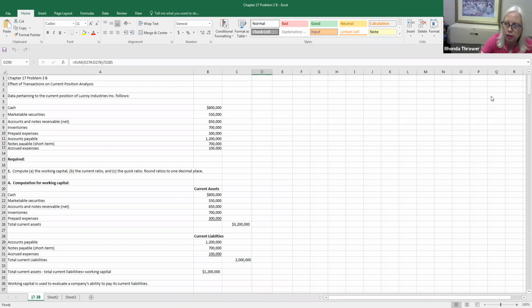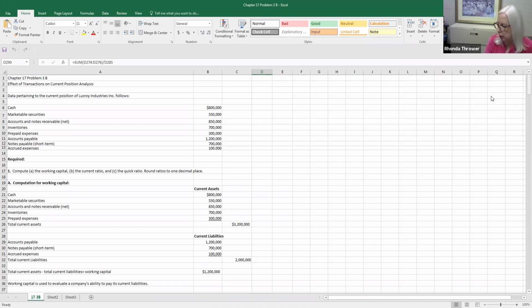These are all examples. The working capital, the current ratio, and the quick ratio are all examples of how we assess the liquidity of the company. And again, the liquidity of the company is whether or not our company would be able to pay back their current liabilities.